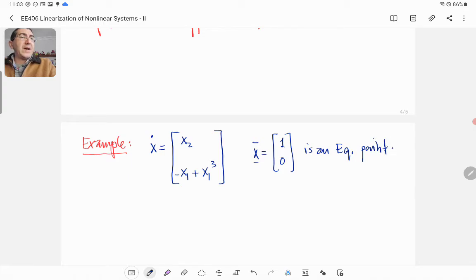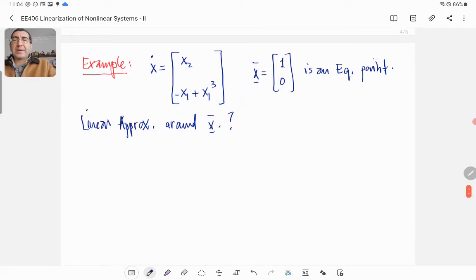So we will try to find the linear approximation of this system around the given equilibrium point. So linear approximation around x bar, question mark. So what do we do? We first define a new state z as x minus x bar, which is equal to (x1 minus 1, x2).